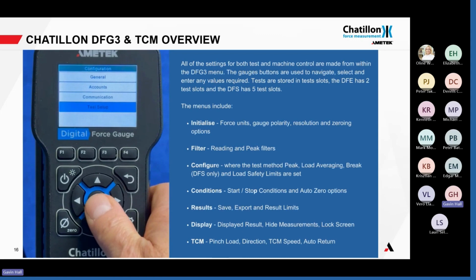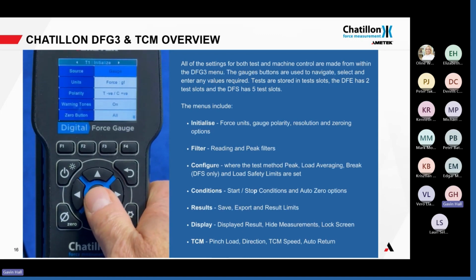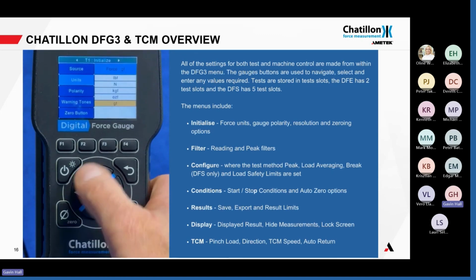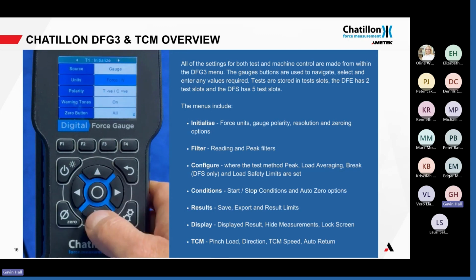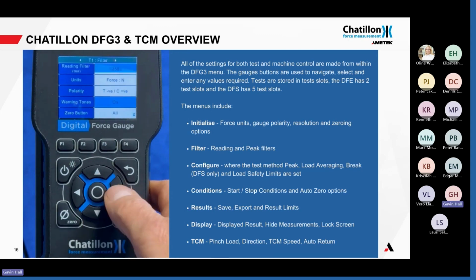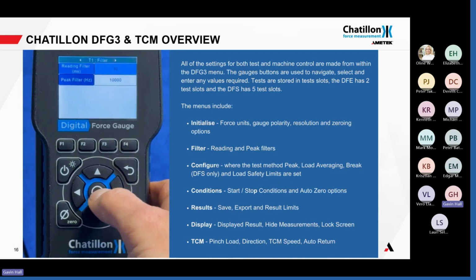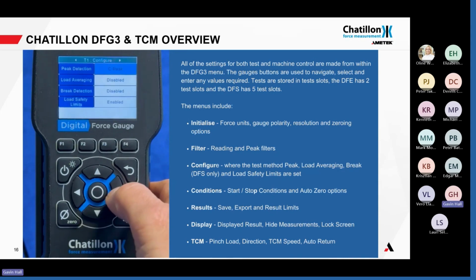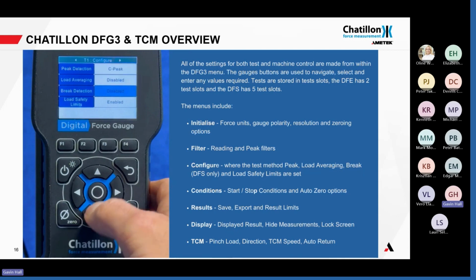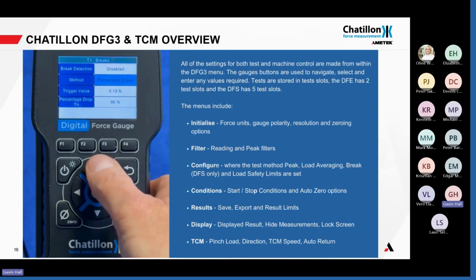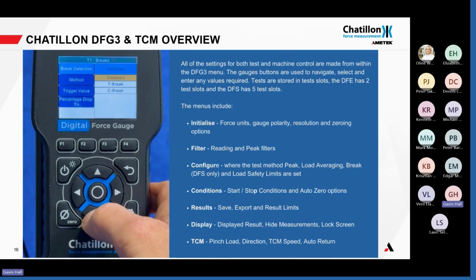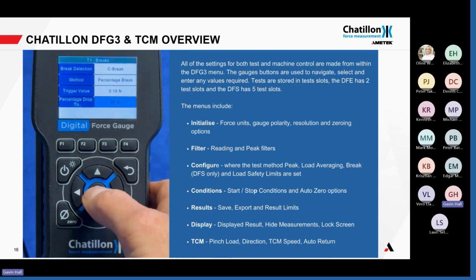So looking at the digital force gauge, we can make settings from the control of the gauge. It has an inbuilt menu, and within that menu, we can set up a complete test, and we could choose the force units, so we can do metric or imperial units. We can choose the polarity of the gauge, which direction force will be measured in, and we have a number of configurations for.